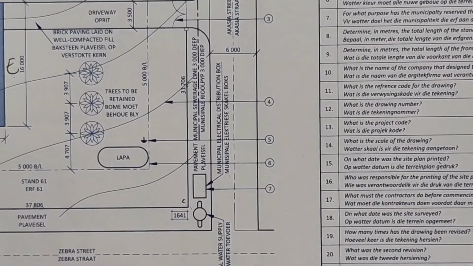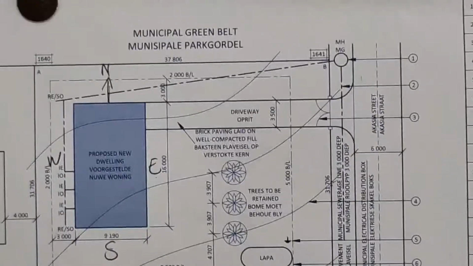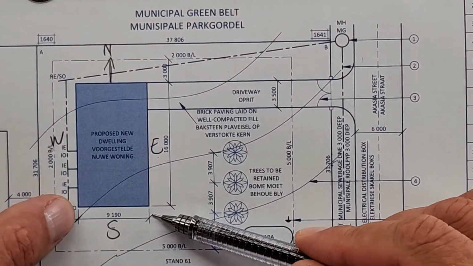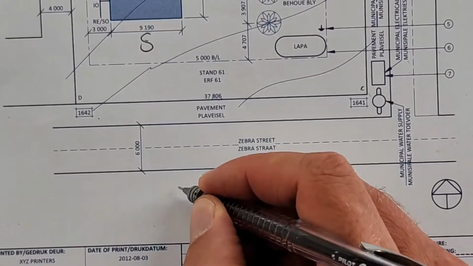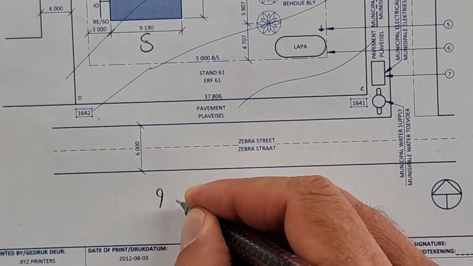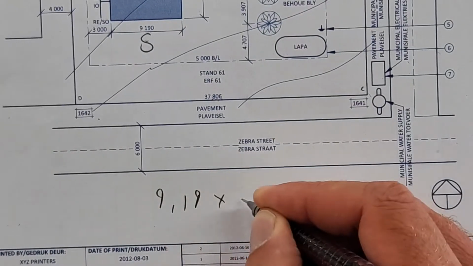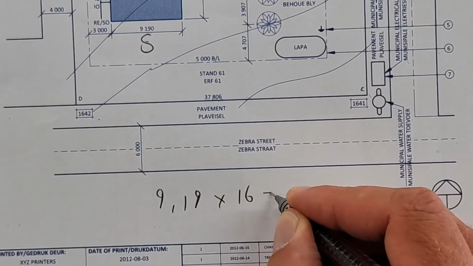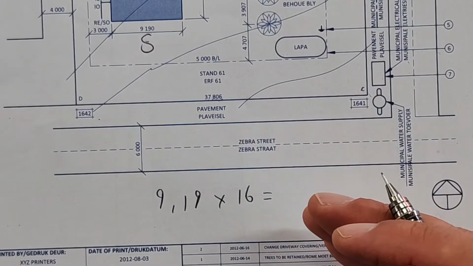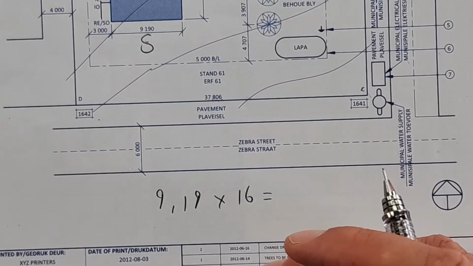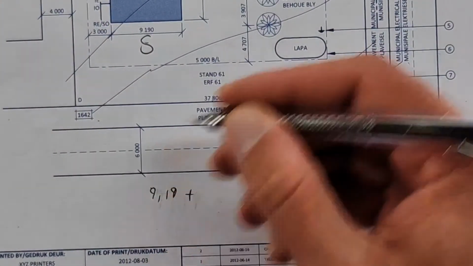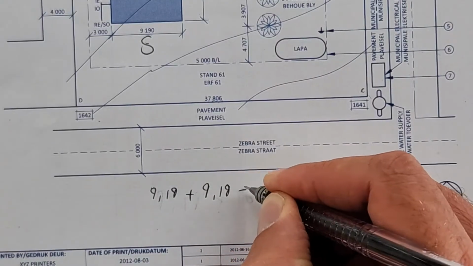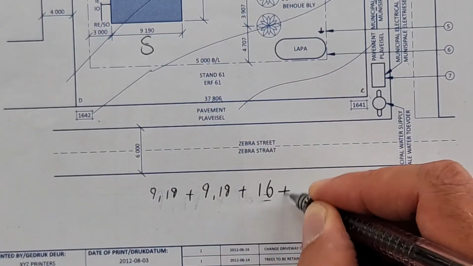And then they ask, determine the perimeter of the new building in meters, show all calculations. They are making this so easy. We've got 9.19 times 16. We're already doing it in meters so that I don't have stress and anxiety when answering this question. Oh, it's a perimeter, so that was area. The perimeter is 9.19 plus 9.19 plus 16 plus 16.